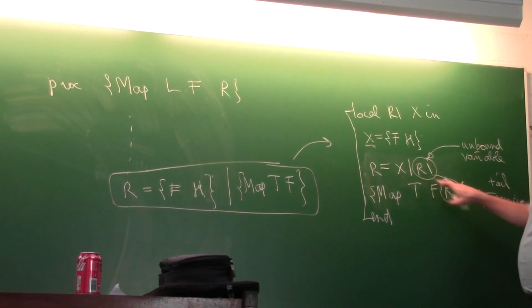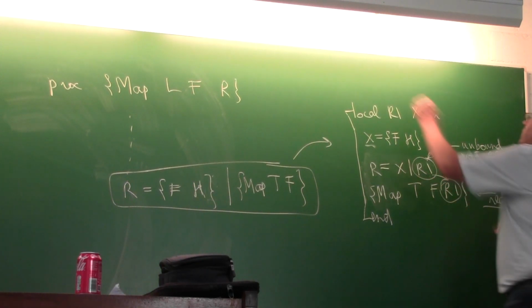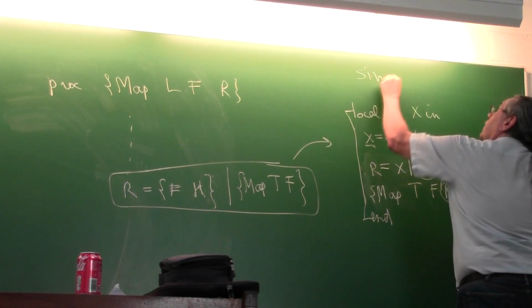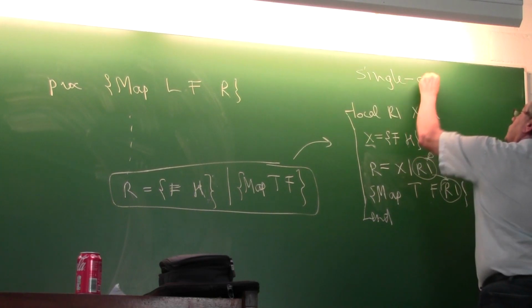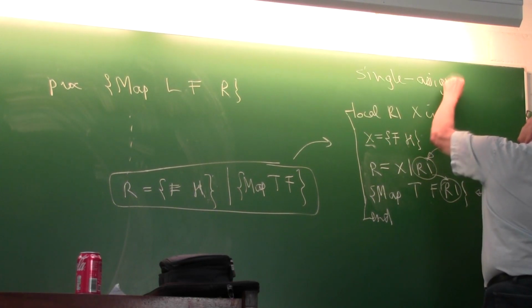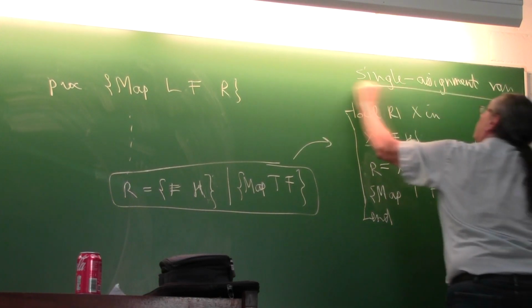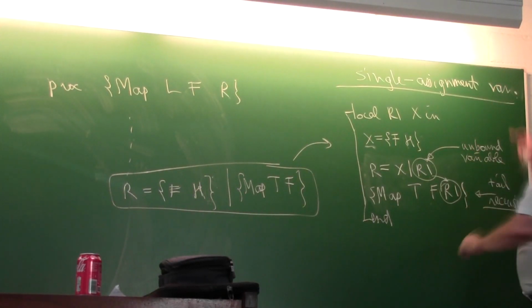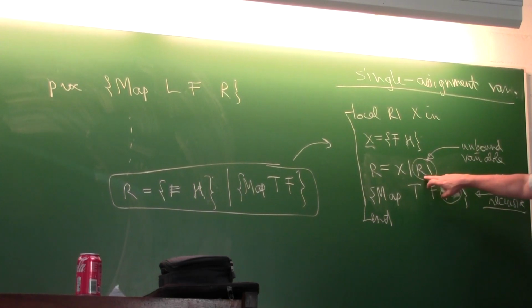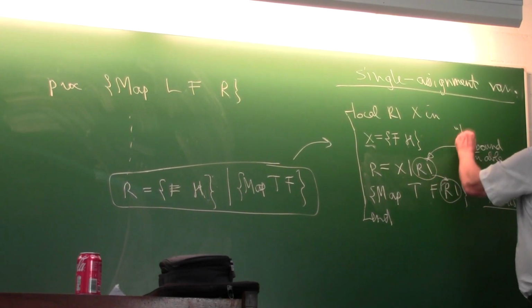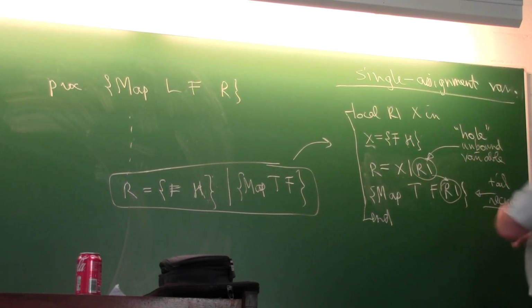The reason why it works is that I have these unbound variables. So this is the notion of a single assignment variable. Okay? This allows the map to be tail recursive. Because I can create data structures that have a hole in them.